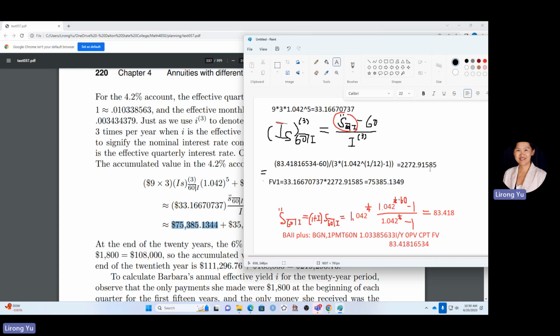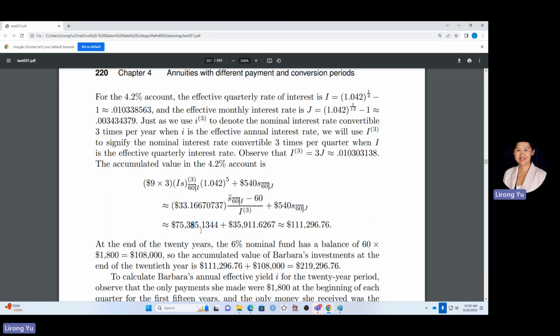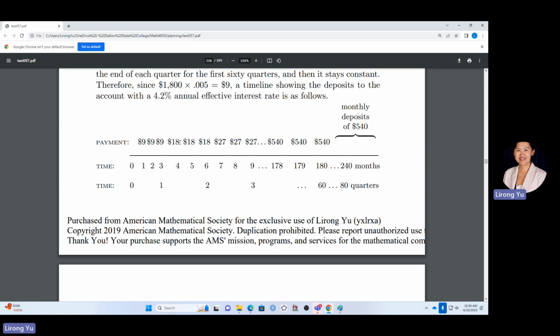So that's the first one. That is a cash flow that goes 9, 9, 9, 18, 18, 18, 27, 27 until 180, then 540, 540, 540. So that's that part of the cash flow, to find its future value at t equal to 240. We also have the repeated payment of 540.